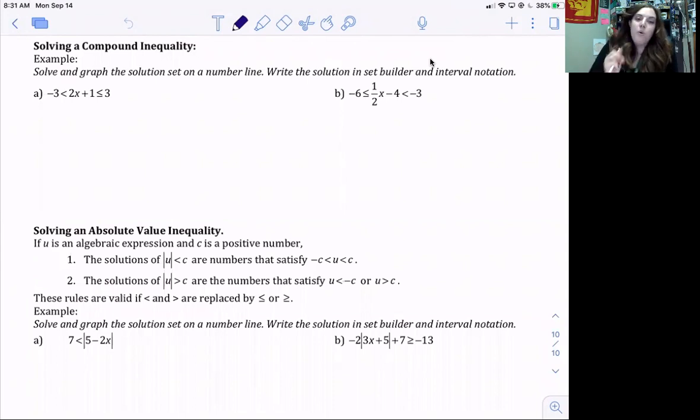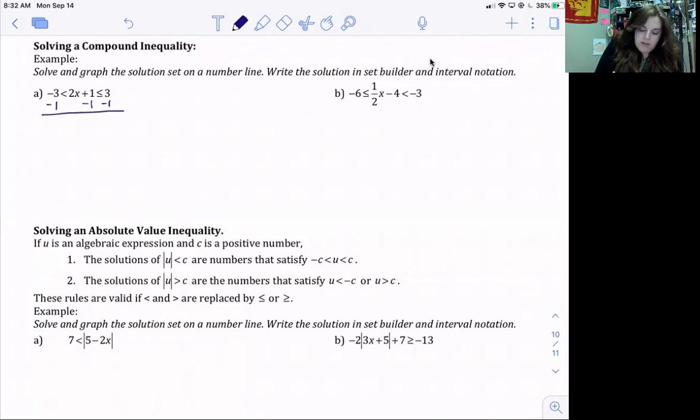So we can look at this kind of as two different inequalities, but we have three different parts. So we have -3 is less than 2x plus 1, which is less than or equal to 3. So we're going to break this apart. We want to get the x by itself on the inside. So if we subtract 1 from the middle, we're also going to subtract 1 from the left and the right.